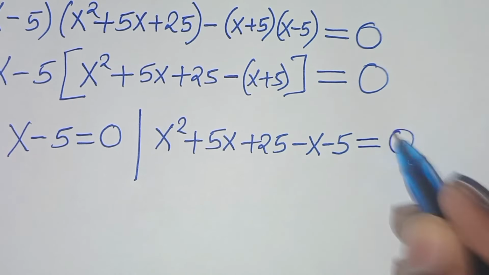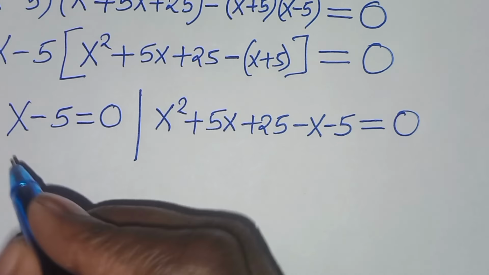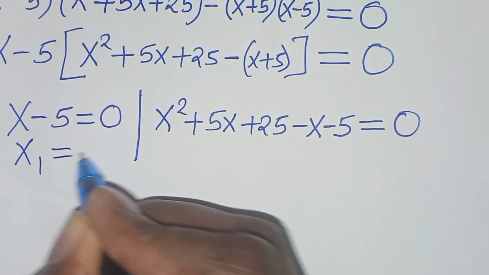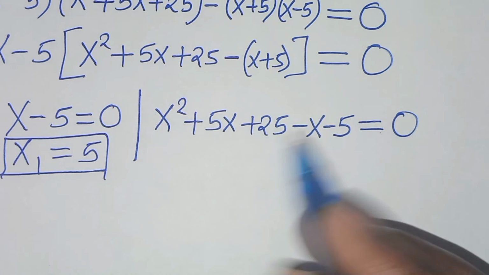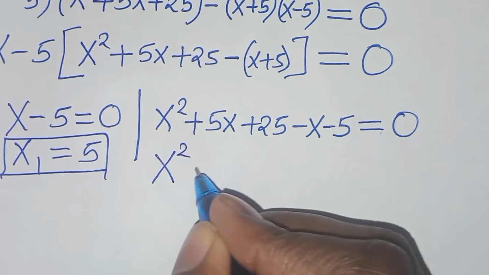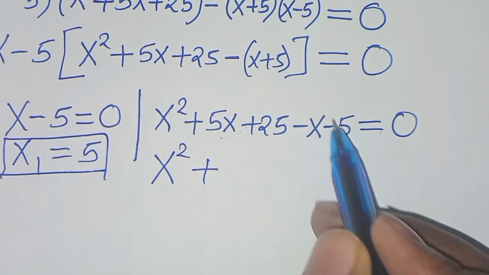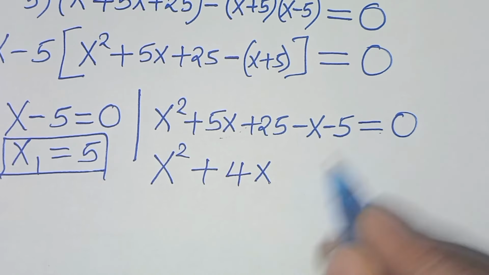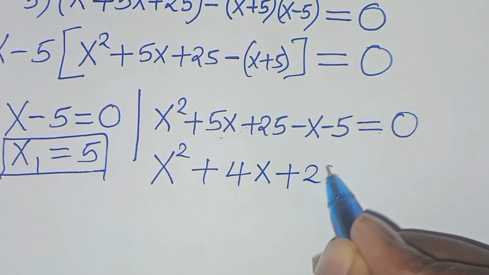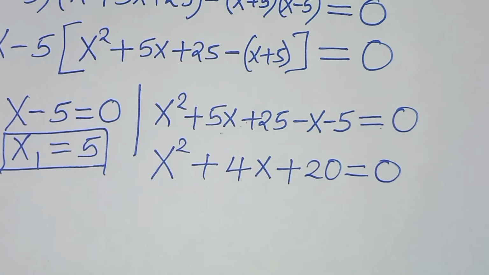This is equal to 0. So from the first part, we have that x1 is equal to 5. And from the second part, x squared plus 5x minus x is 4x, then 25 minus 5 is actually 20. This is equal to 0.